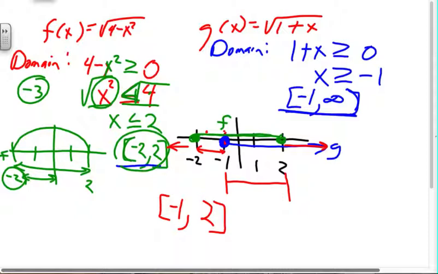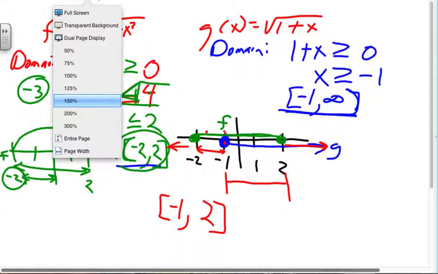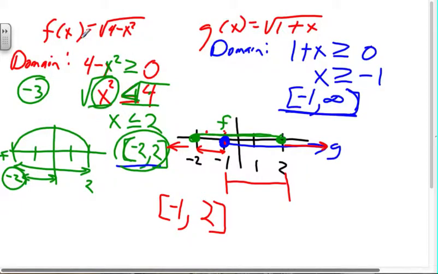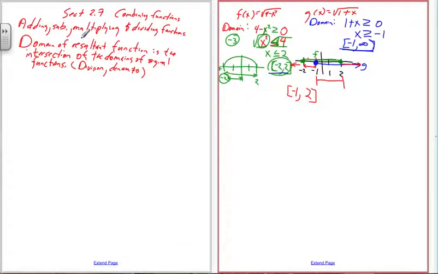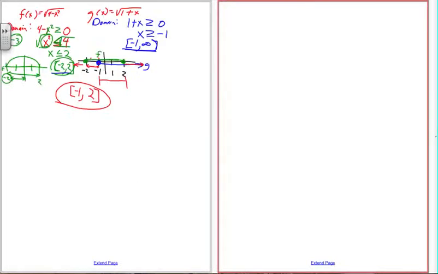Now, you also have to find F plus G. The interesting thing is, this is going to be the domain of addition, subtraction, and multiplication. So for F plus G, I simply add them.